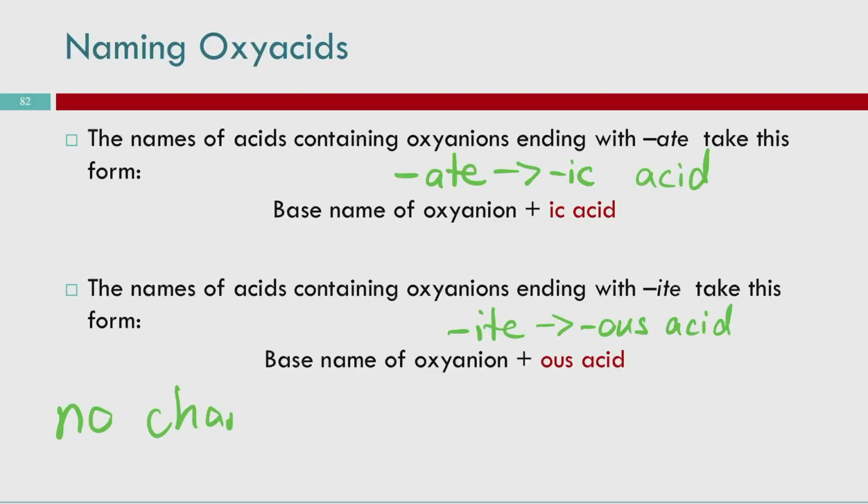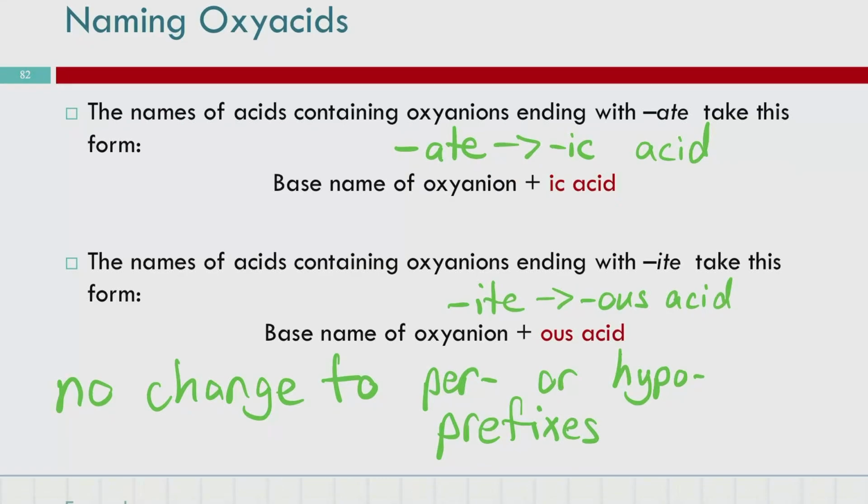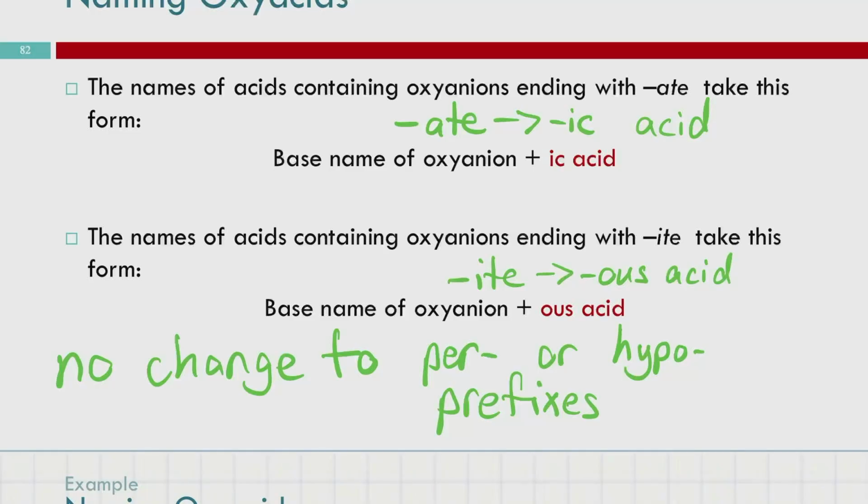There is no change to per or hypo prefixes. Those just stay on there as is. So as long as you remember ate ic, ite ous, and you don't change the prefixes, the oxyacid stuff is really not that complicated. Figuring out what oxyacid you have is probably the hardest part of the process.